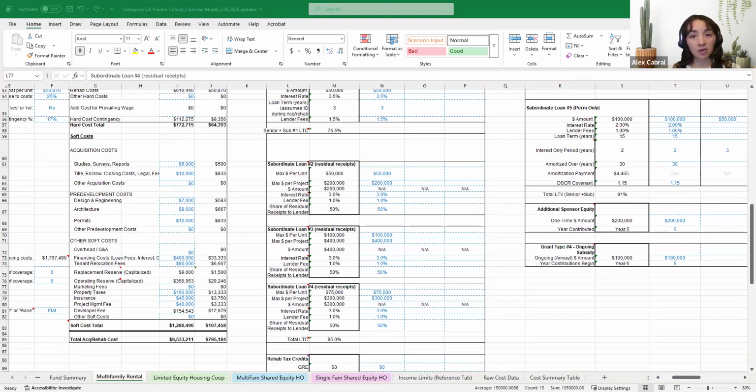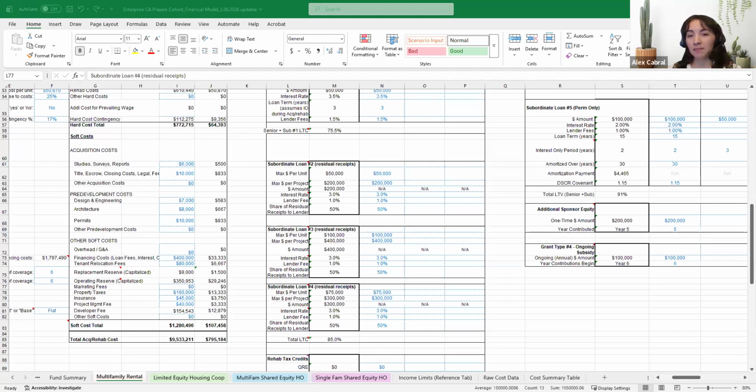So they're 0% interest rate in the acq rehab phase, and the interest is accrued and capitalized into the loan. And then repayment is structured with residual receipts, which in many municipalities means that the repayment in the perm phase is the lesser of the annual interest charge or a certain percentage of project cash flows.